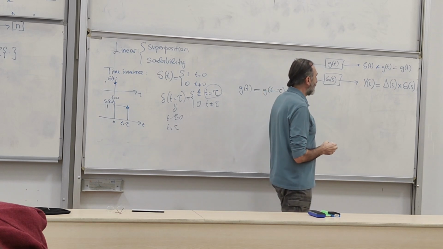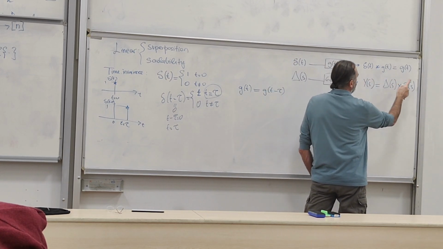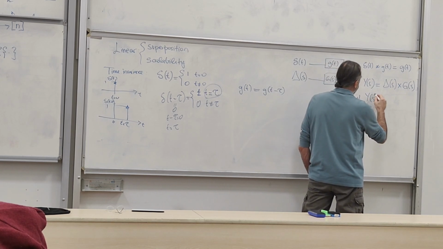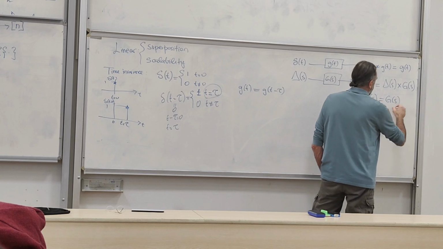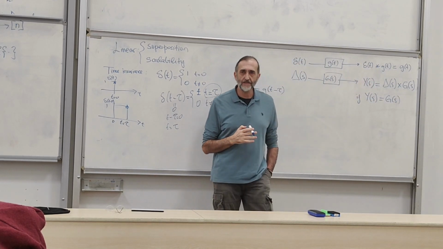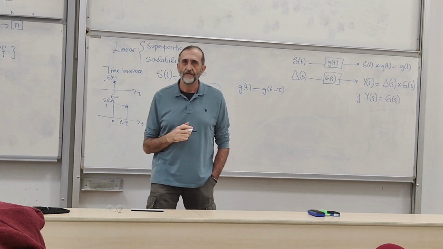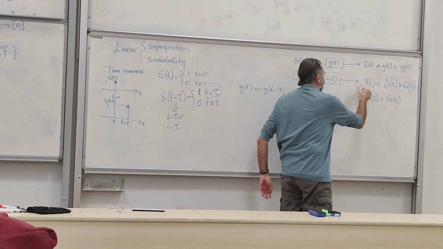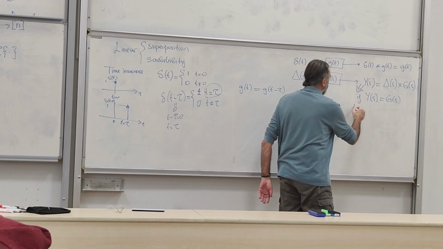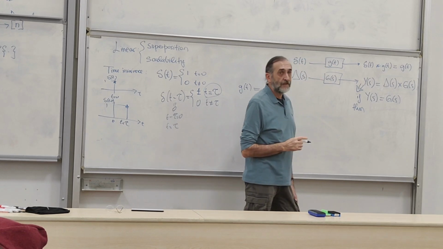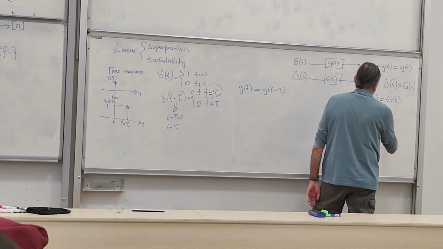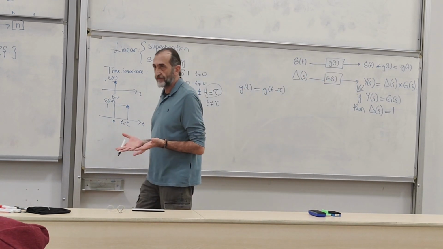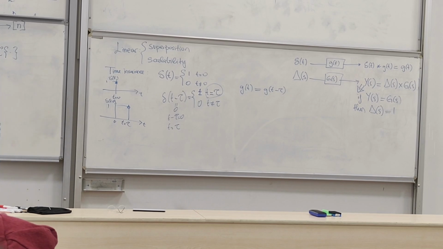Therefore, if the output is equal to the system itself, which means that Y of s is equal to G of s, then what does that imply? Delta of s is equal to 1.